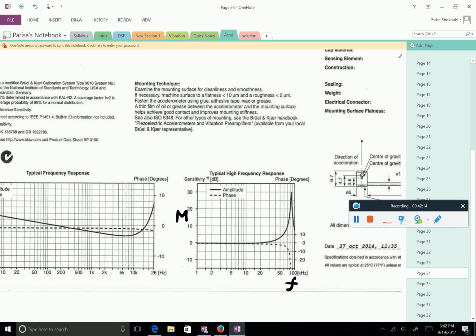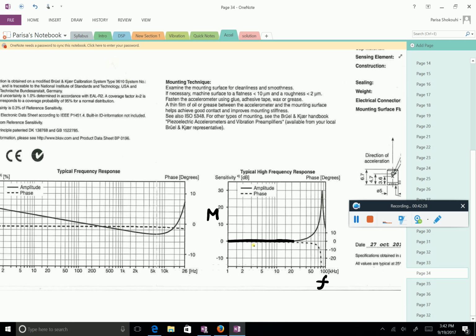It's because it's in dB, so 1 is 0, basically. As you can see, over this range, the accelerometer M is pretty much equal to 1. Even nicer, they have used parameters such that the phase is also pretty much constant.